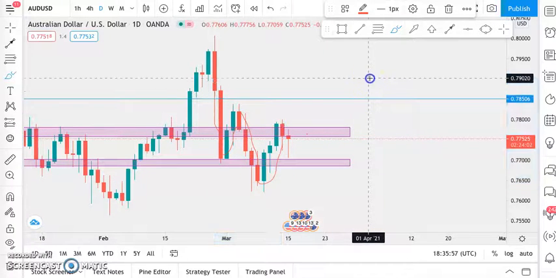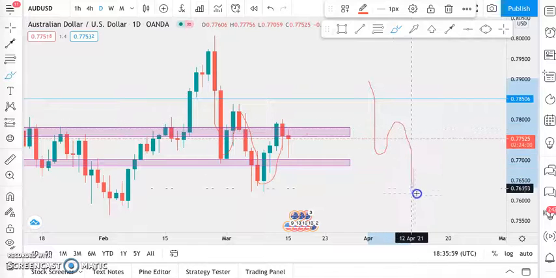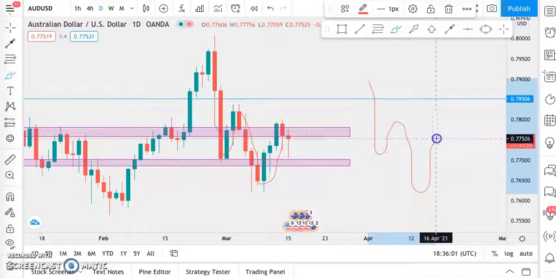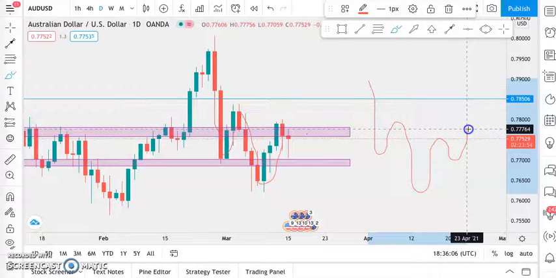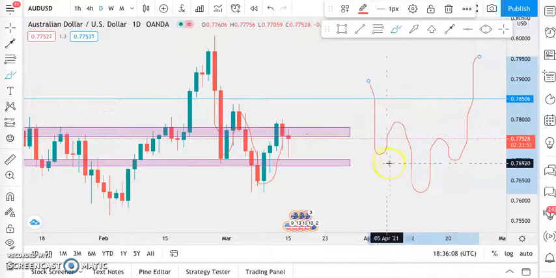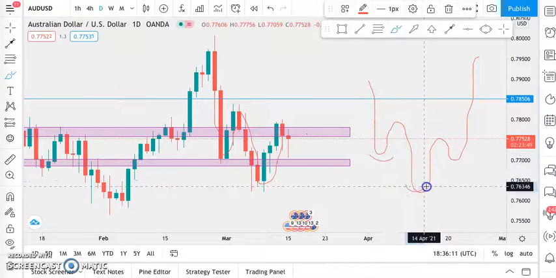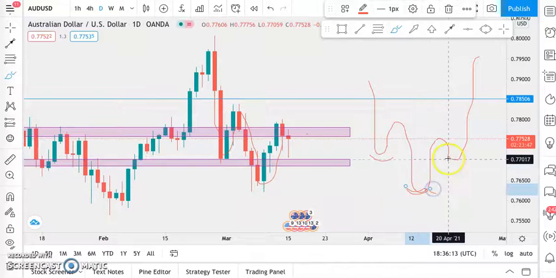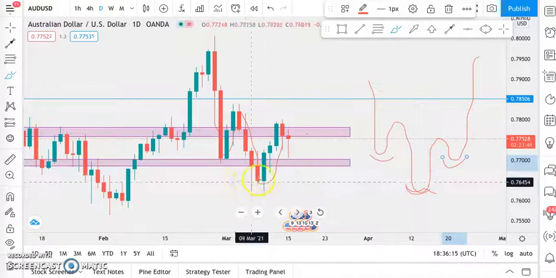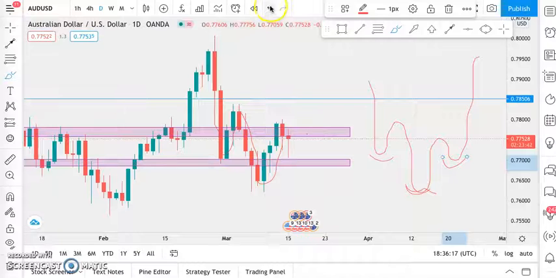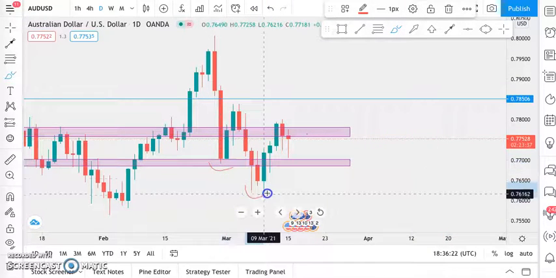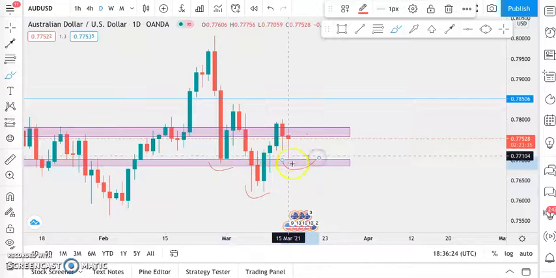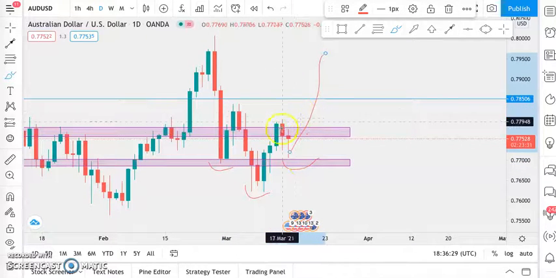Generally speaking, when the market creates this kind of pattern, what you do expect is for the market to come to make some lower lows again before eventually continuing to the upside to create this inverse head and shoulders. So what we do expect from here is for the market to create this nice inverse. This area should act as a support for another impulse to the upside.